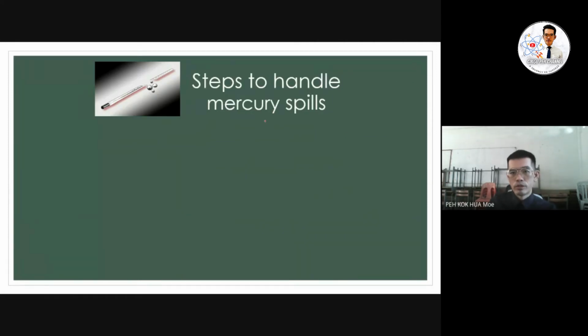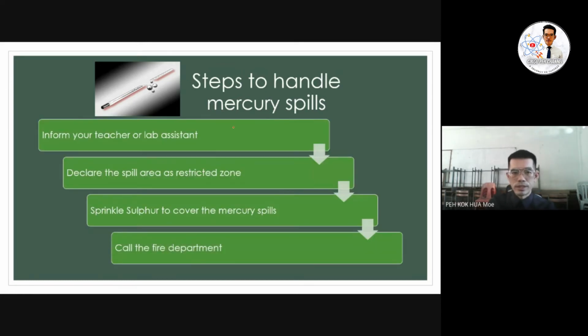The mercury spill is more dangerous and complicated compared to a chemical spill. So here are the steps you have to know when you are facing a mercury spill. Inform your teacher or lab assistant. This is the first step, same as the chemical spill, and the next is to declare the spill area as a restricted zone.